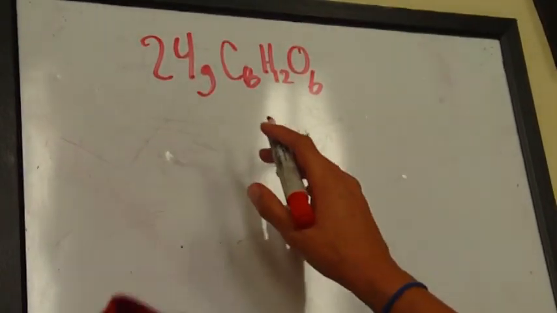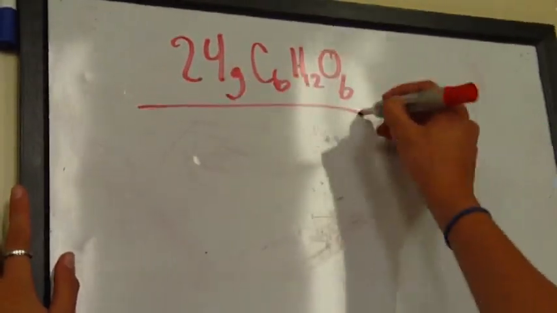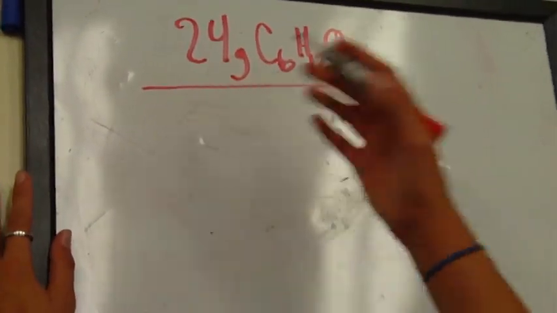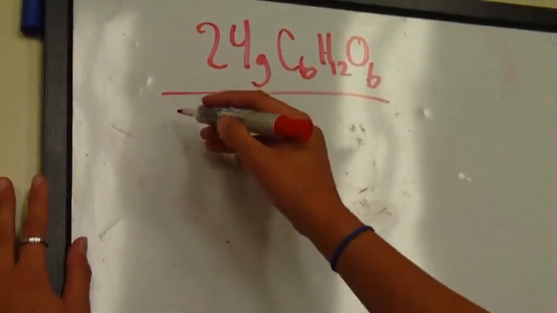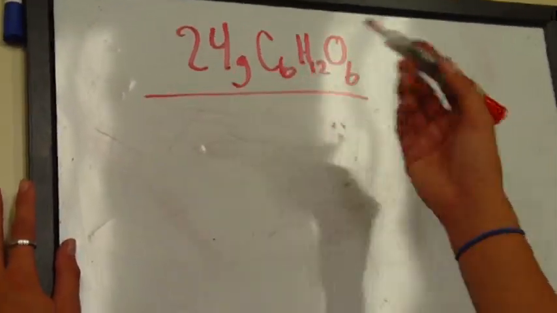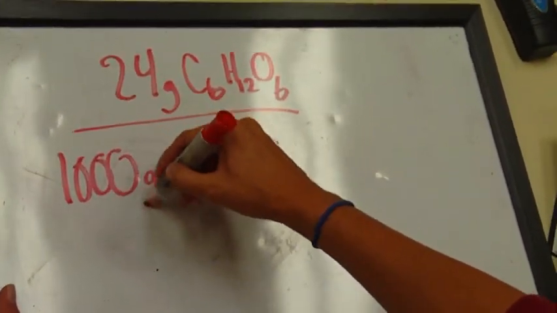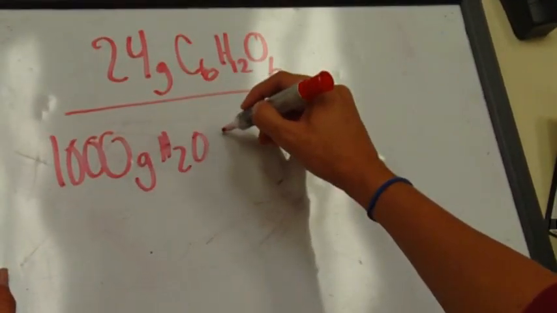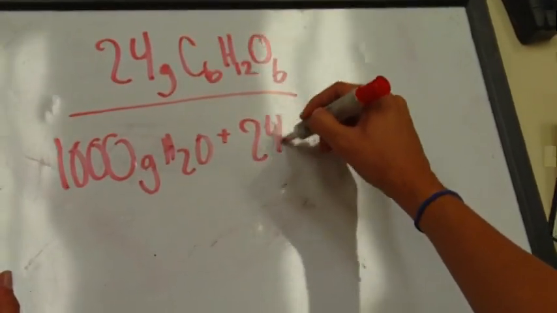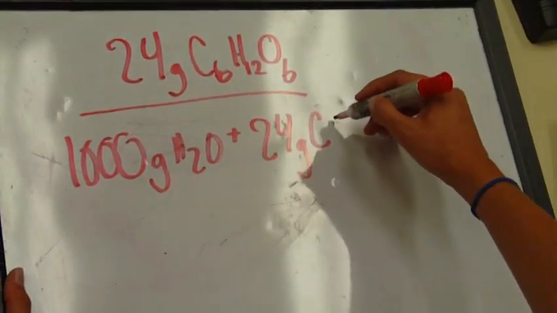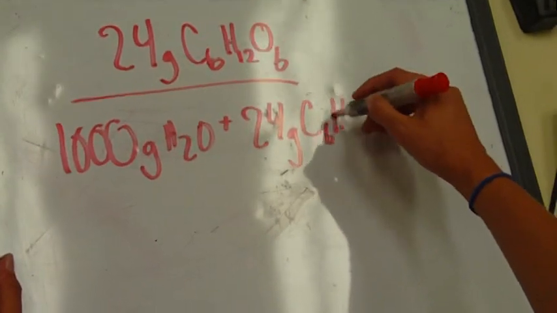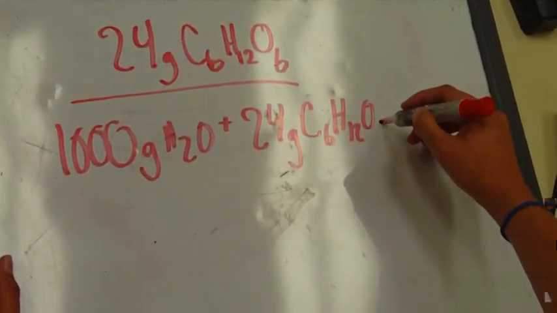We started out with 24 grams of our solute, and then we're going to divide that by the total mass, which we want to be all in the same unit. So since it was 1 kilogram, we know that it's 1,000 grams of water. And we're going to add that to our 24 grams to get our total mass of solution.